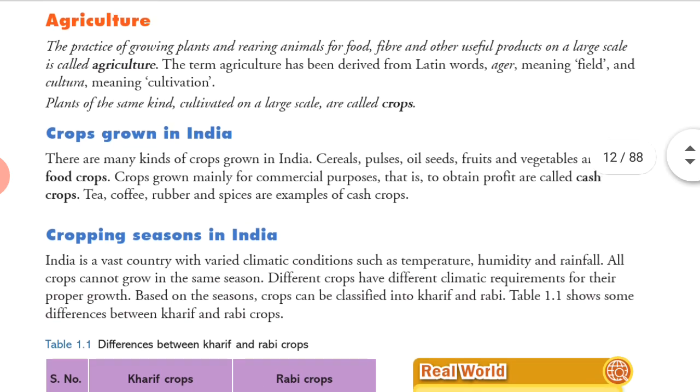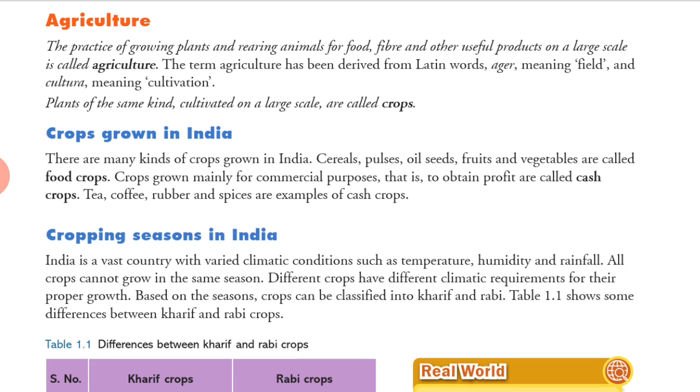Cultivation in the fields. So the plants of the same kind cultivated on a large scale are called a crop. This is the first term of this chapter, crop production. When the same kind of plants are cultivated or grown on a large scale, it is called a crop.